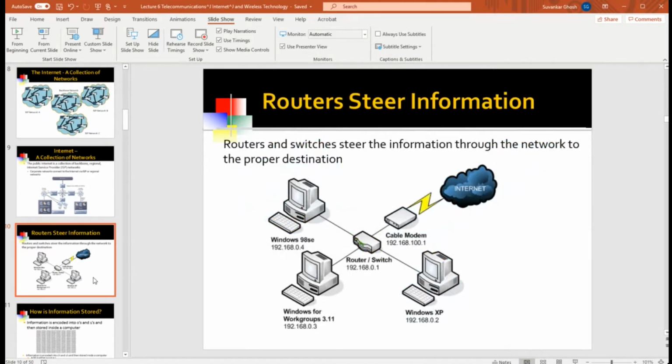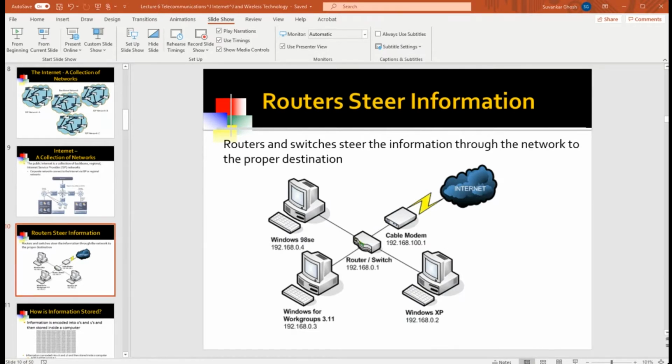So let's say you want to download a file from some server on the internet. Well, that file is going to come through that internet cloud, and the routers are steering that file till it reaches your computer. So that's the purpose of the routers. But let's look at it more specifically in terms of exactly how that steering is happening.